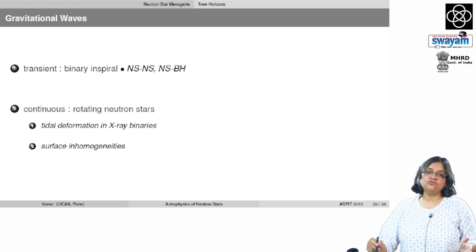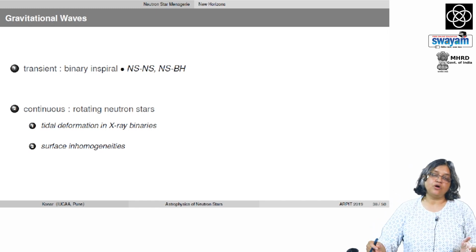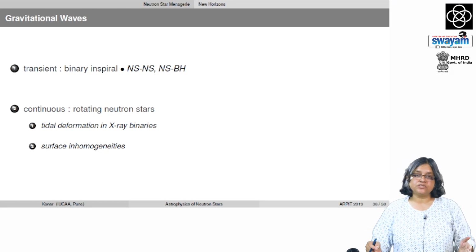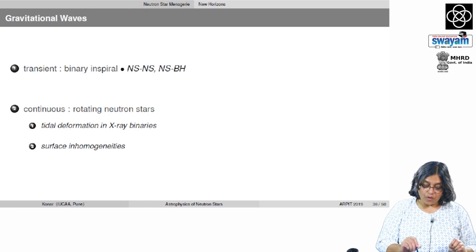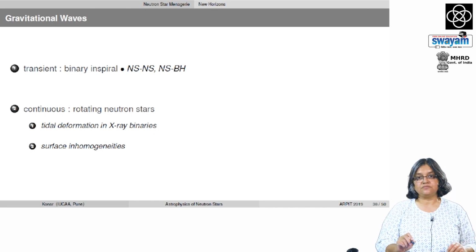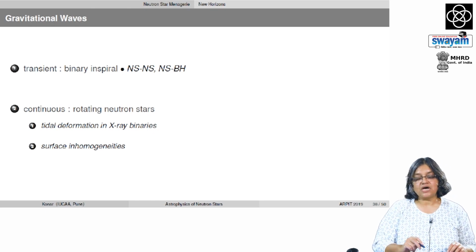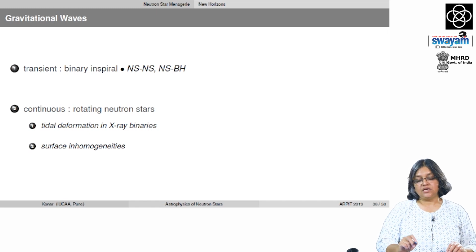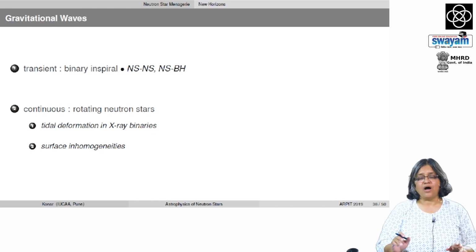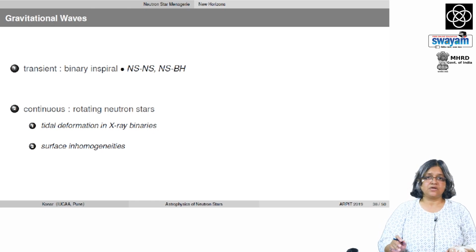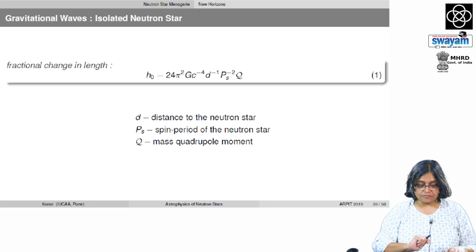So, rotating neutron stars are the best bet for observing a continuous source of gravitational waves. Now, there could be tidal deformation in X-ray binaries, or there could be surface inhomogeneities on the neutron star surface. So, these are certain examples of how we can have continuous gravitational waves from rotating neutron stars.